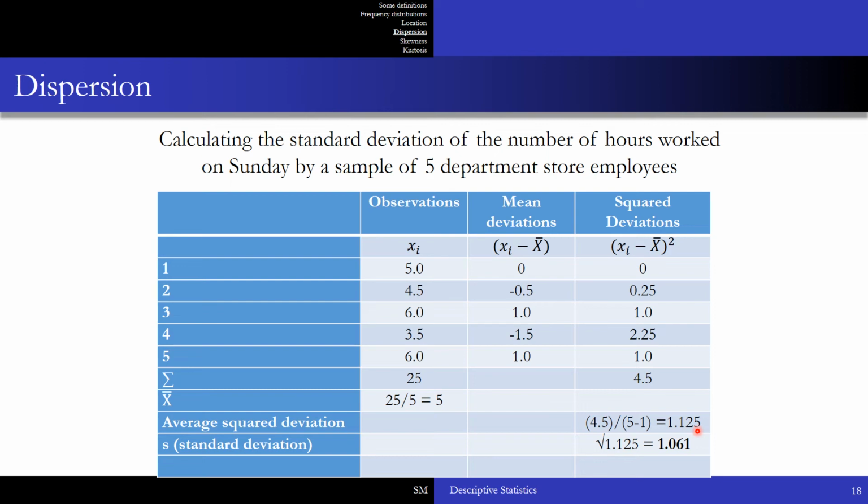This measure of dispersion is in squared units. That's not really so helpful, so we return it to the original units, hours rather than squared hours, by taking the square root. If we take the square root of the sample variance, we get the sample standard deviation, which in this case is 1.061.